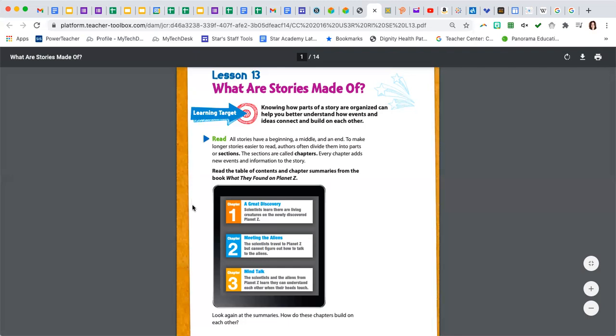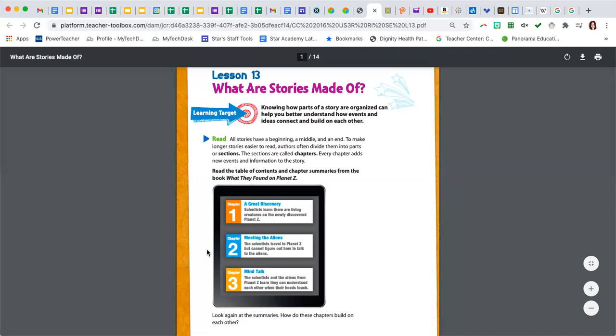So let's look at this table of contents and chapter summaries from the book What They Found on Planet Z. In this orange chapter 1, it says a great discovery. Scientists have learned there are living creatures on the newly discovered planet Z. In chapter 2, where it's blue, it says meeting the aliens.